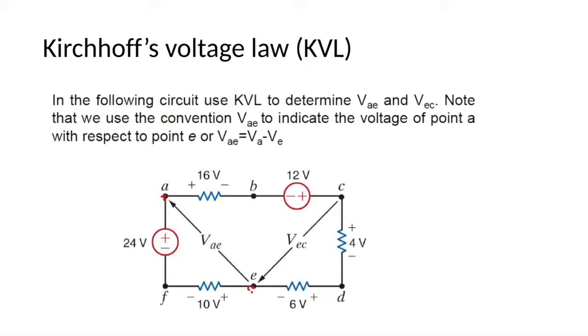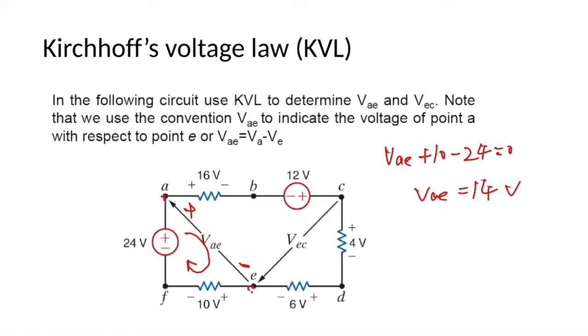Let's take a look. VAE is plus or minus, right? So we choose this loop. VAE plus 10 minus 24 equals 0. So VAE equals 14 volts.